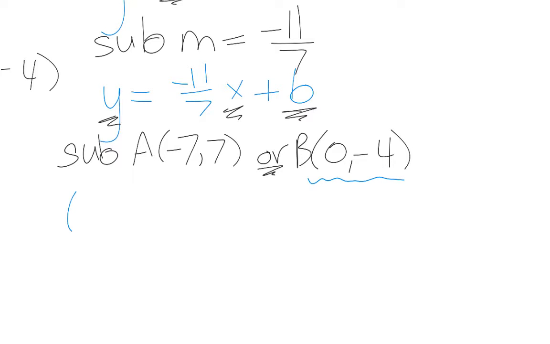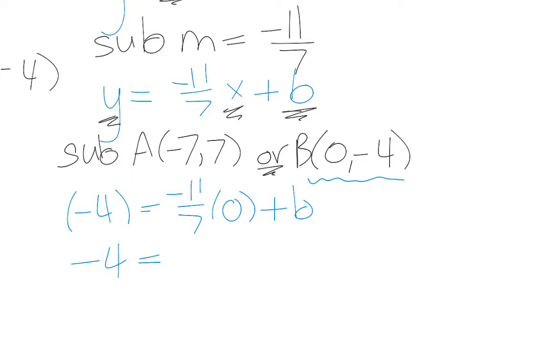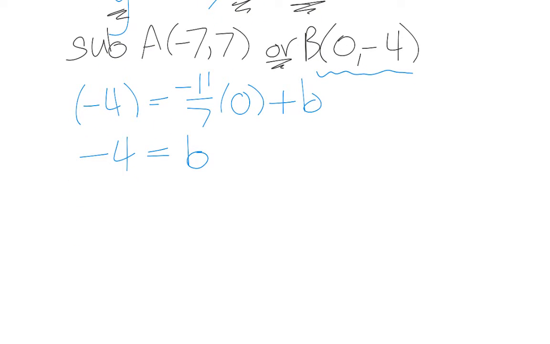So instead of y, I'm going to put negative 4. And instead of x, I'm going to put 0. Let's simplify some of these numbers. I can take the negative 4 out of the brackets. Anything multiplied by 0 is 0, and I don't write the 0 in. So that leaves me with just b. However, we read from left to right, so let's put the b on the left side, and b is equal to negative 4. I've just figured out my y-intercept.